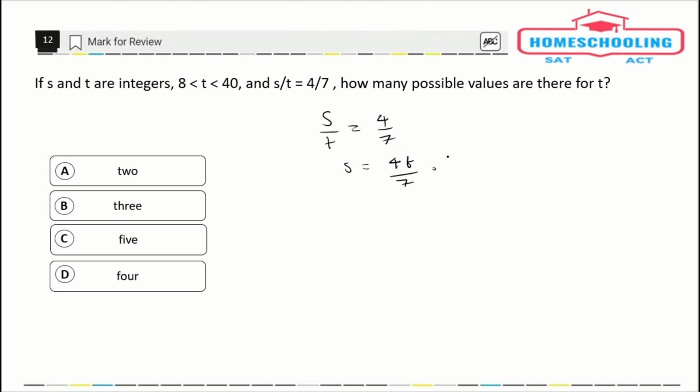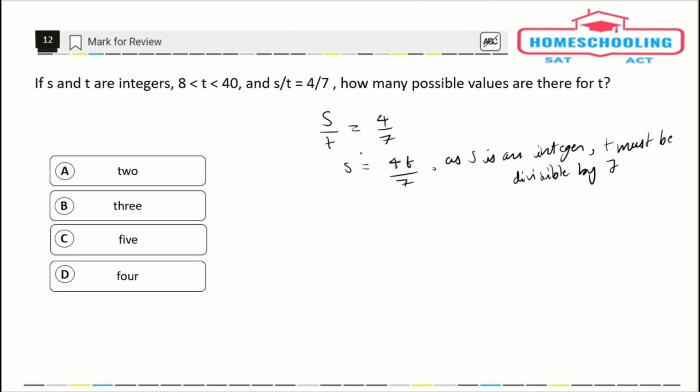Since S is an integer, from this equation we can say that T must be divisible by 7, because whatever the number comes out, it should be divisible by 7.